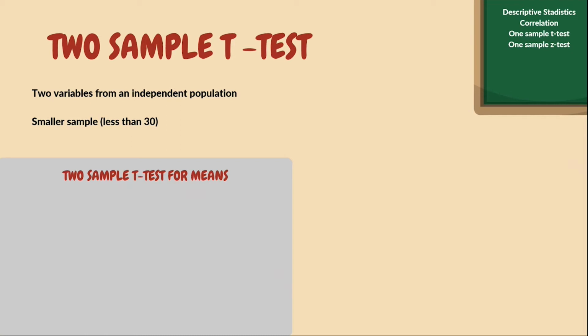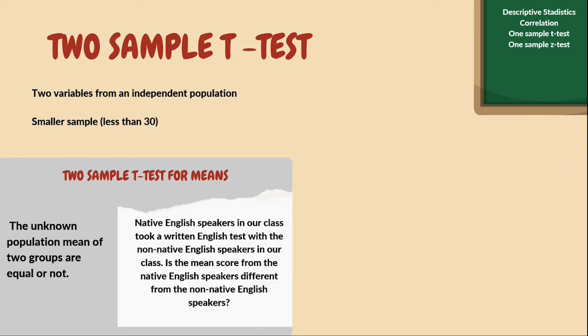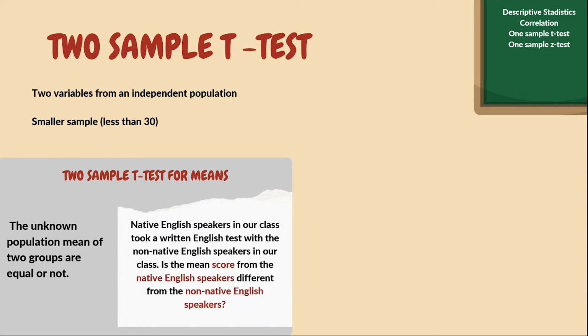Let's see an example from a two sample t-test for means, where the unknown population mean of two groups are equal or not. For example, native English speakers in our class took a written English test with the non-native English speakers in our class. Is the mean score from the native English speakers different from the non-native English speakers?